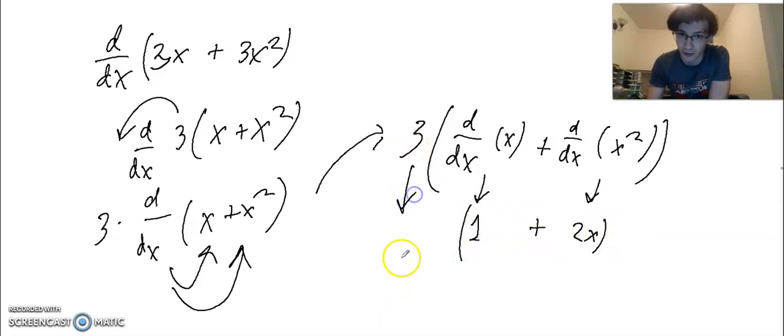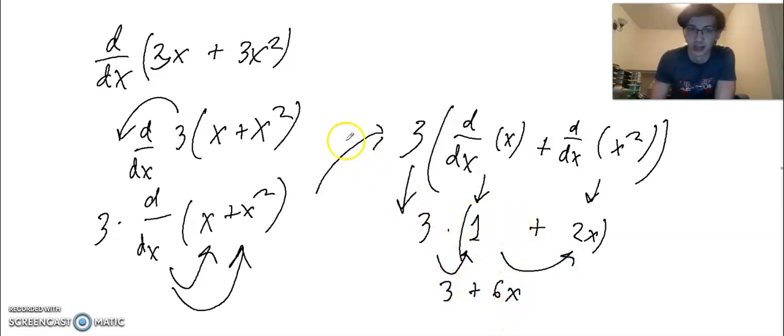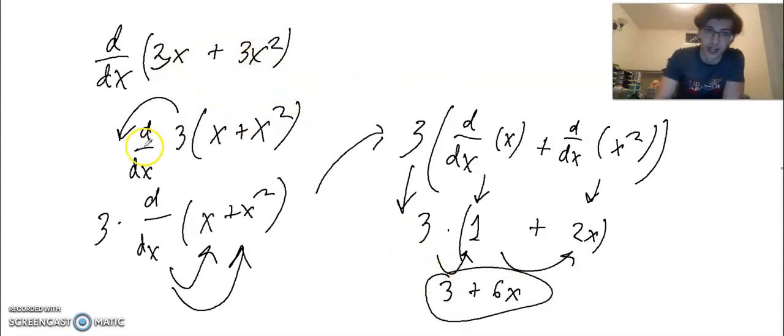And we can't forget about this initial 3. So then we distribute the 3 back, we get 3 plus 6x. And if we were to just derive it normally, we'd get the same thing. You can always check your answer. But in general, you can factor out these constant terms.